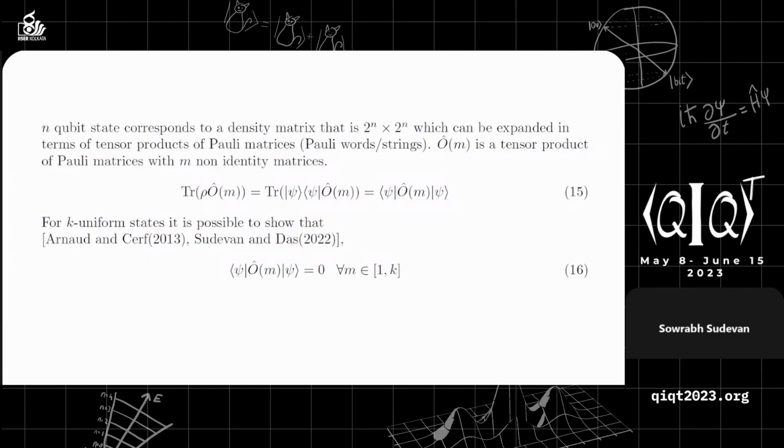We can show that for a k-uniform state, the expectation value of all operators acting on up to k qubits is 0. This is equation 16. What this means is, for a k-uniform state, say an operator acting on just 1 qubit, a Pauli operator, is something like a dipole moment.